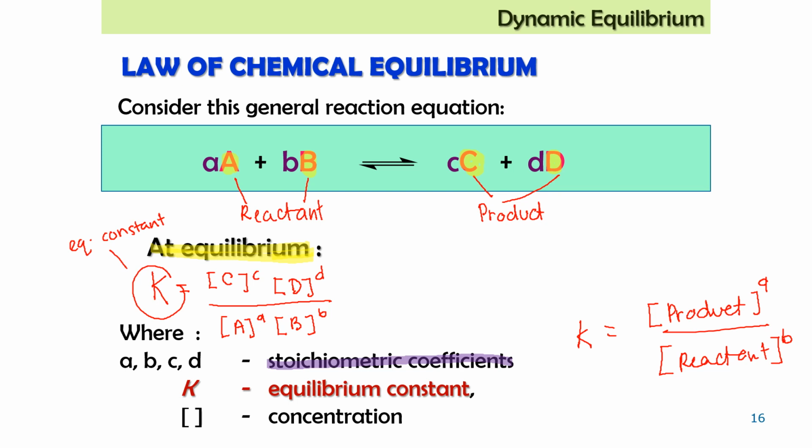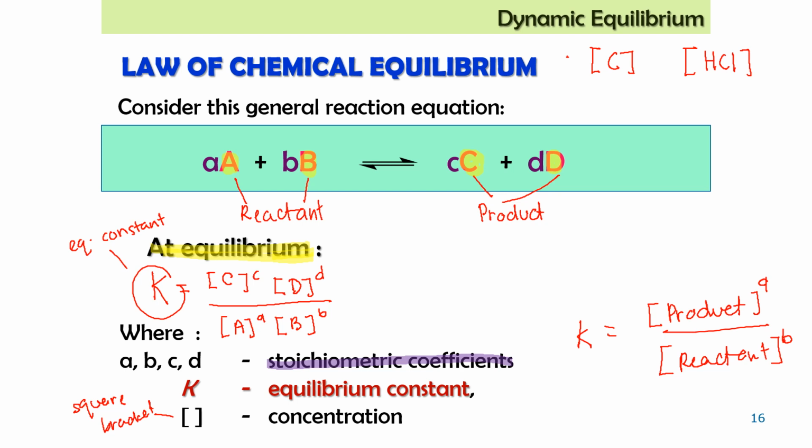And concentration, you must write in square brackets. So this is a square bracket. So in chemistry, you cannot use square brackets arbitrarily, because square brackets mean they represent concentration. So if you write like this, concentration of C or concentration of HCl, for example.